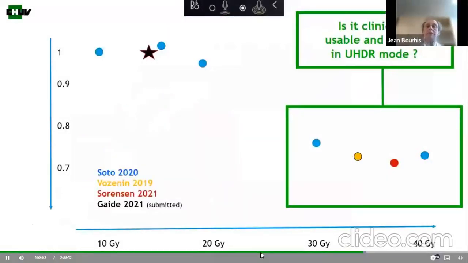So the immediate question about fractionation is, if the flash sparing effect is seen at high dose per fraction, how usable, how doable is it in clinical setting?